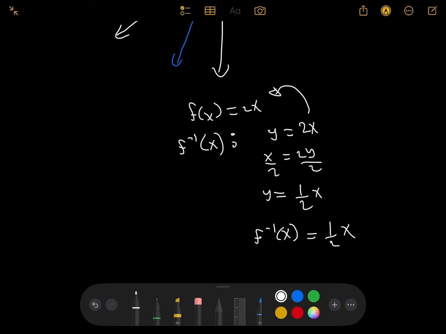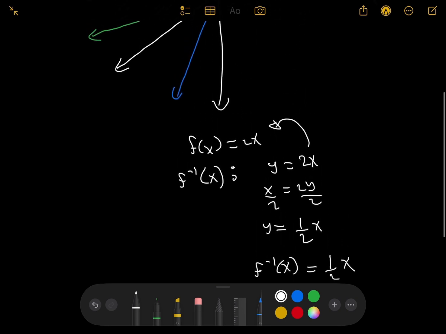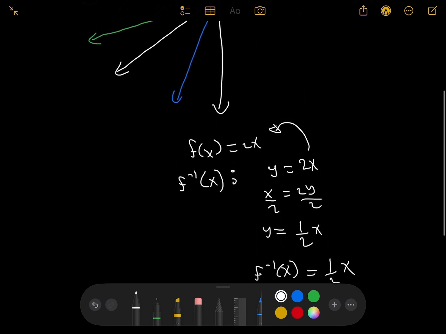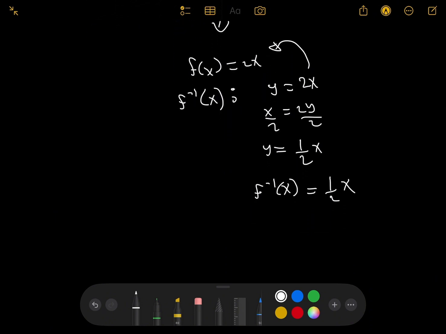From that, we've now derived the equation for the inverse graph. But now let's speak about the domain of both graphs. We have the graph of f of x, and then we have its inverse.